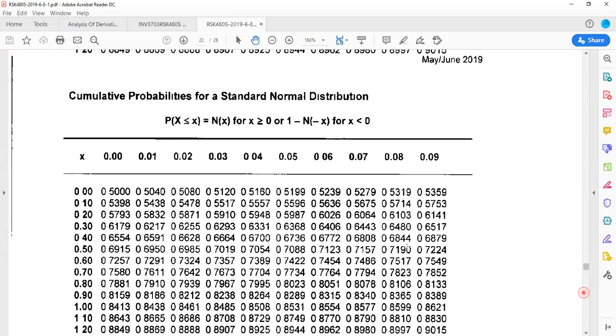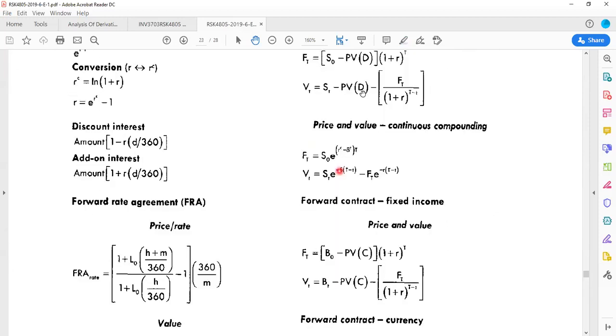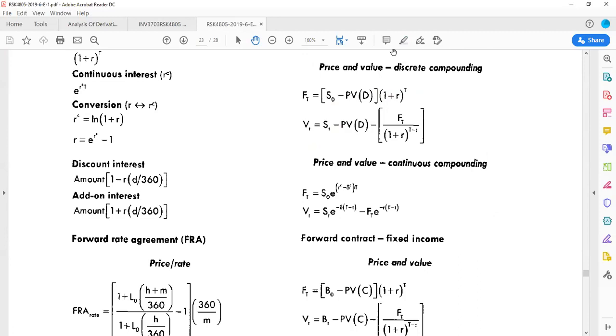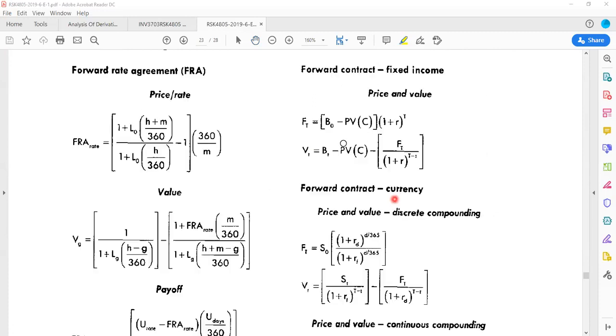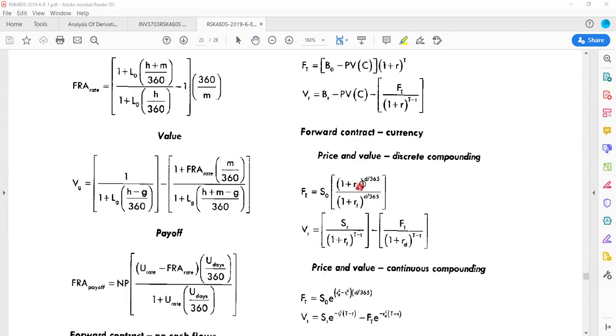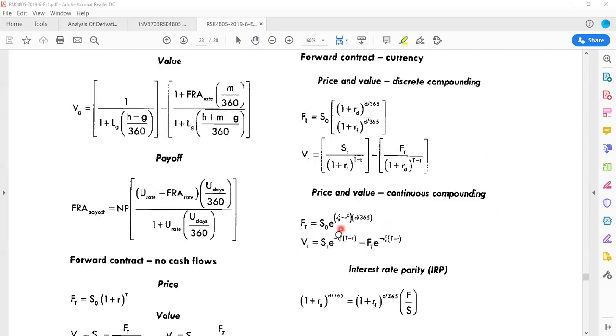For example, a currency forward contract, this is for discrete risk-free rates. These formulas. And for continuous risk-free rates, these are the formulas. And then for a currency contract, these are the formulas for discrete rates for the forward price and the value. And these ones where you have an e and exponential, these are for continuous rates.